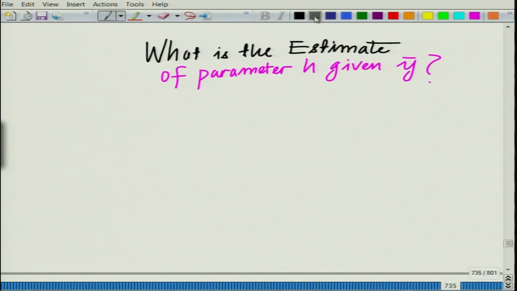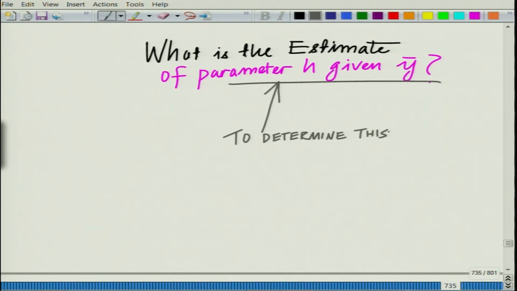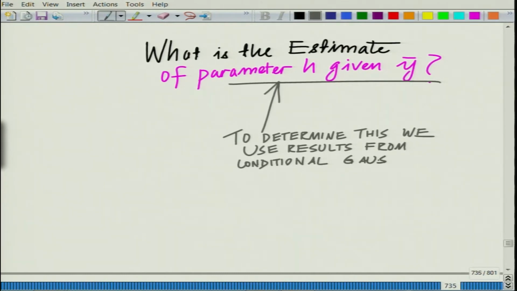To determine this, we use results from the conditional Gaussian properties.